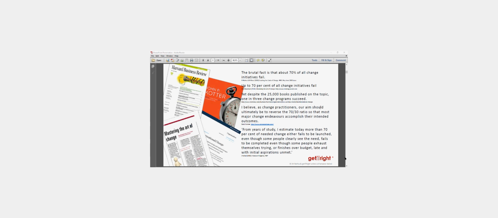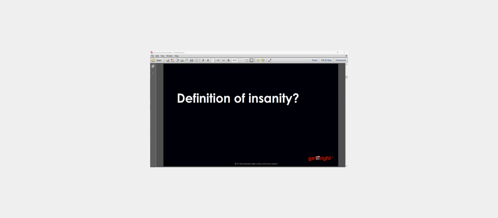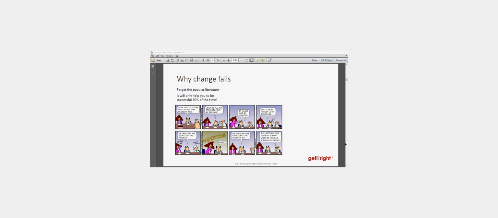The problem is that most of these initiatives that we embark on essentially use the same tools that have been around since the 1920s, since Taylor's time. And we keep on using the same change management techniques, and we keep on doing these projects, and every time we hope that it's going to be better, and it's not. Well, that's the definition of insanity.